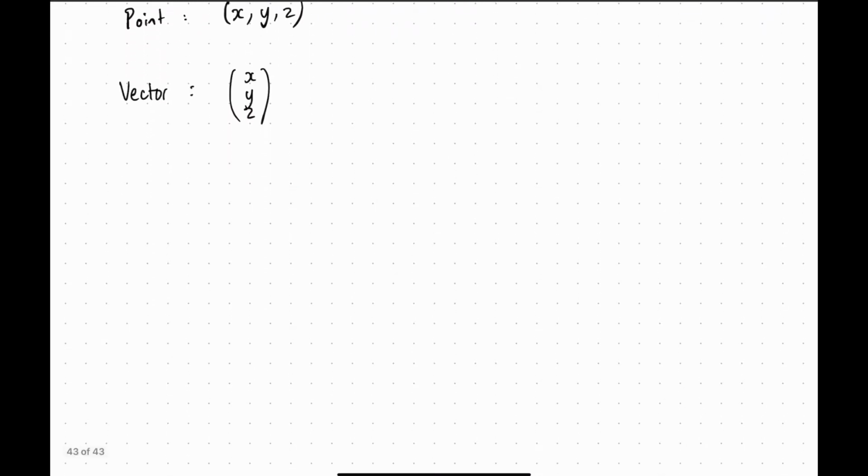So if I have a point such as A, which is 2, 3, minus 1, and I have a point B, which is 6, minus 5, 2, how could I get the vector AB?